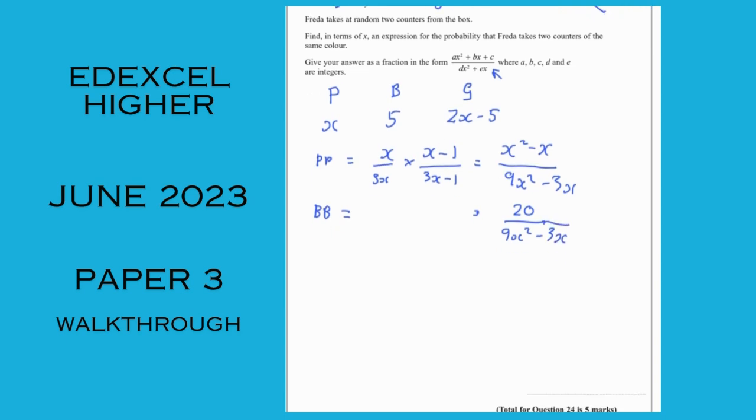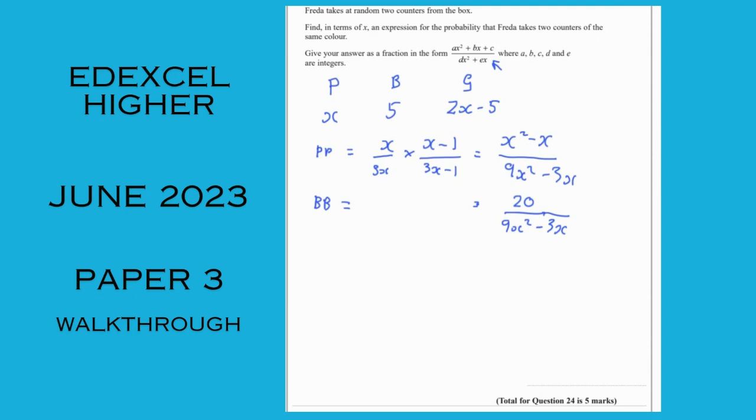We then pick it up. The trickiest part, green, green. Again, we're not too fussed about what's on the bottom. We know what's there. It's about what's on the top. So on the first pick, there are 2x minus 5 green, and we go one below, one lower is 2x minus 6.